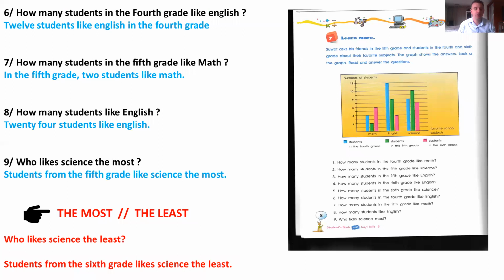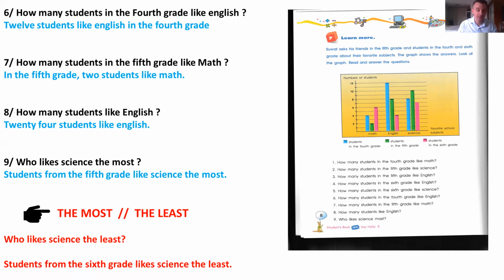In the 5th grade, 2 students like math. You see this sentence, it's not so easy, because every time you must put your tongue between your teeth, like this. In the 5th grade, 2 students like math. Or how many students in the 5th grade like math? Okay, you must play with that, like this.